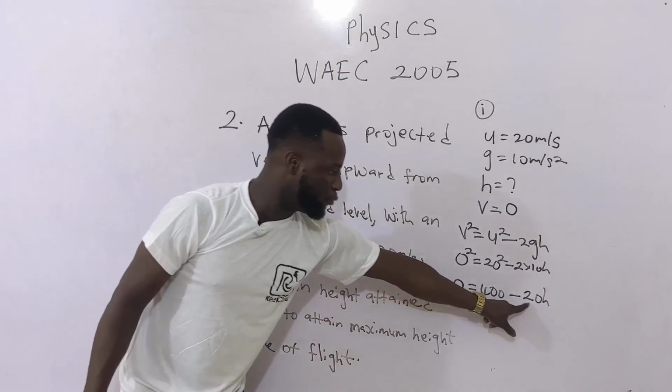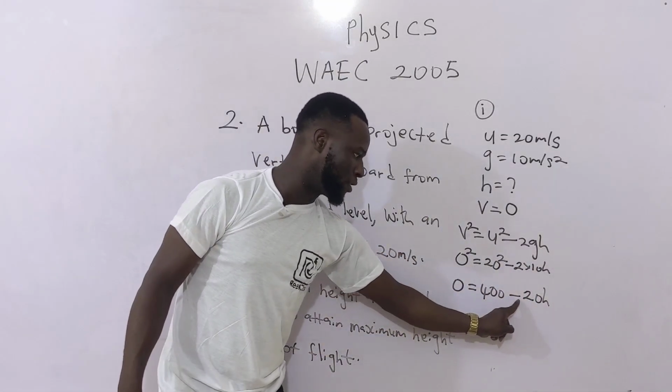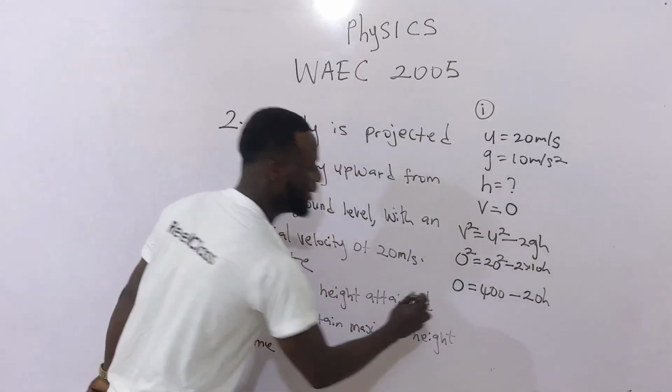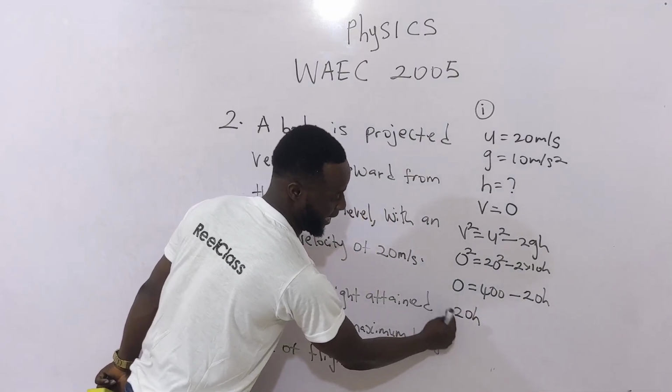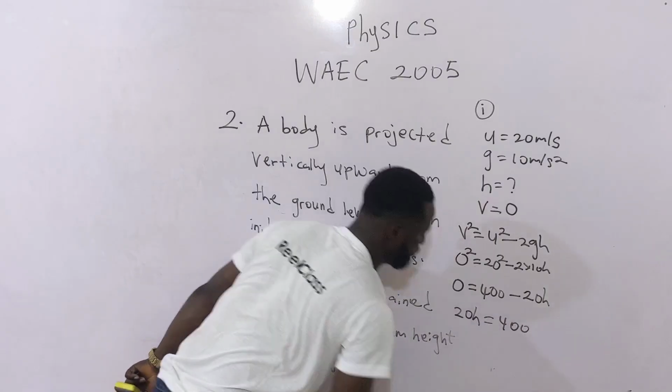From here, I will take 20h over to the other side. And you know that once it crosses the equality sign, this minus will change to plus. So this is now plus 20h, which is equal to 400.